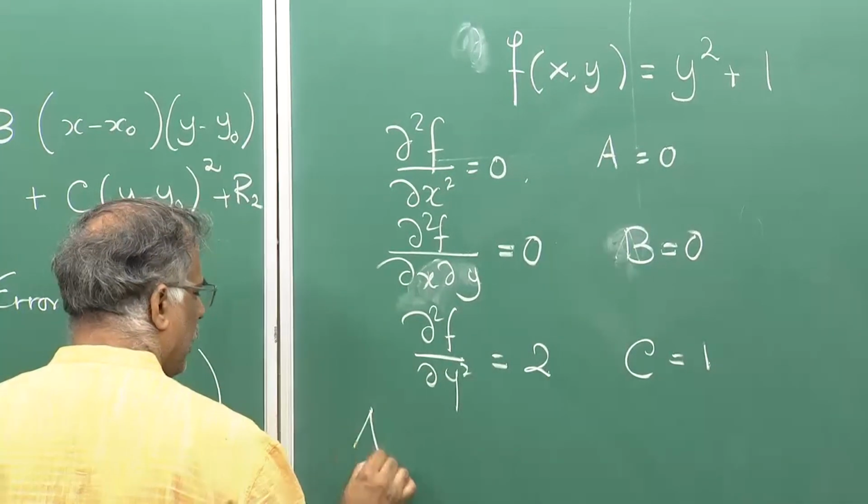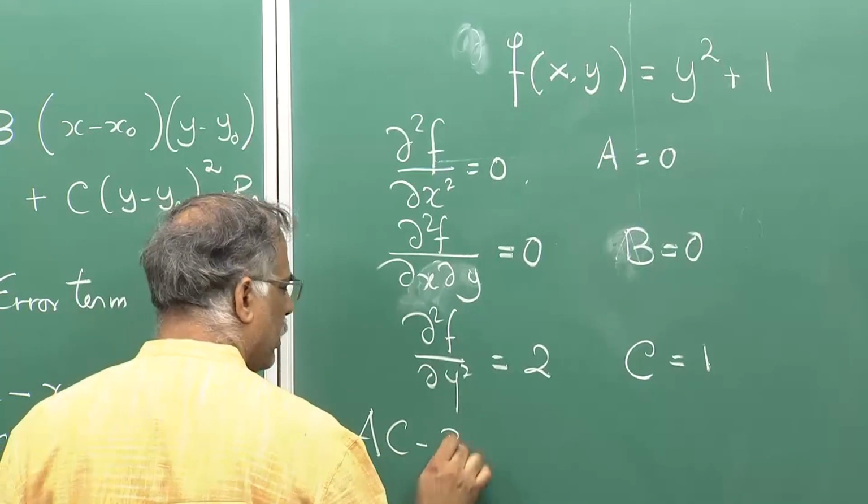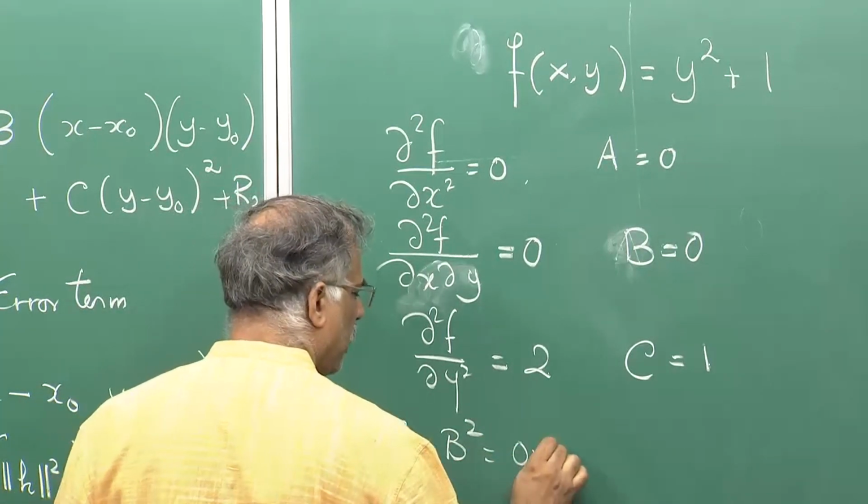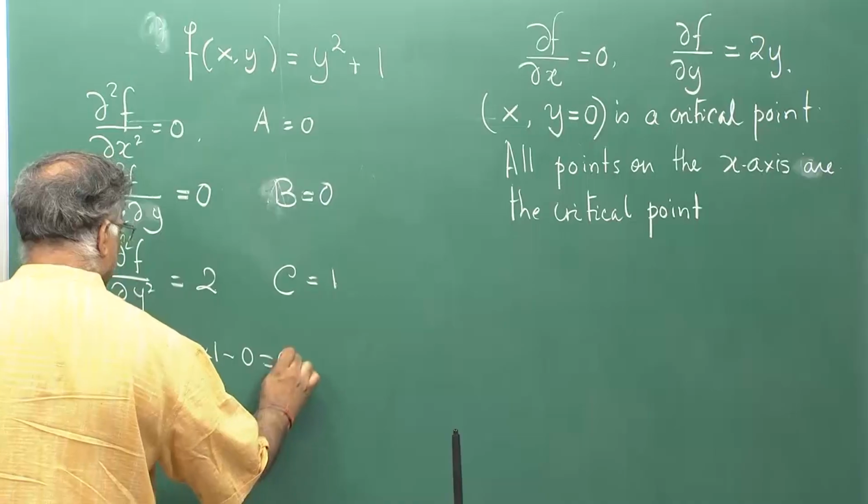So, AC minus B square is 0 into 1 minus 0, which is 0.